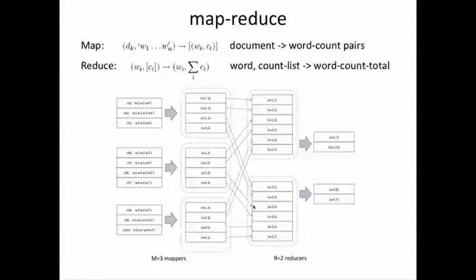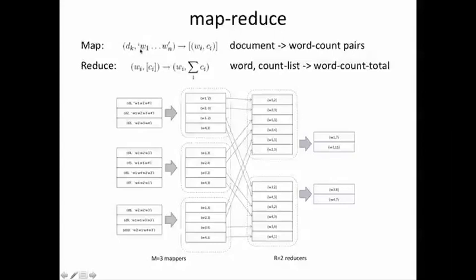Now here's how the problem is defined in terms of map and reduce tasks. Remember, a mapper simply needs to perform a whole bunch of map tasks on all the documents that it gets. So it's getting a sequence of document IDs followed by the contents of the document.